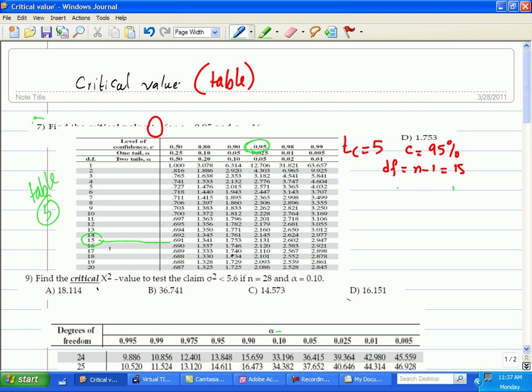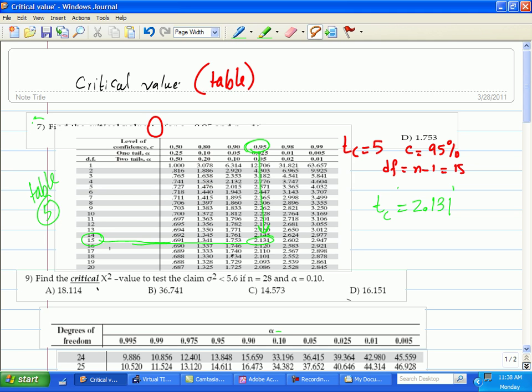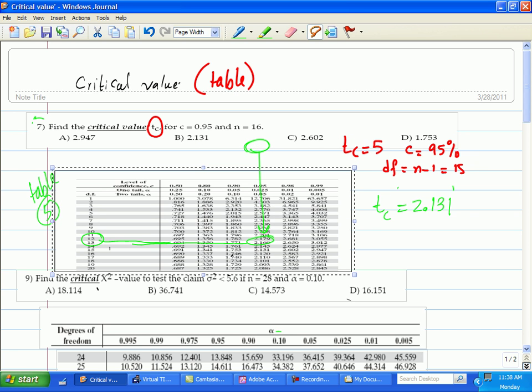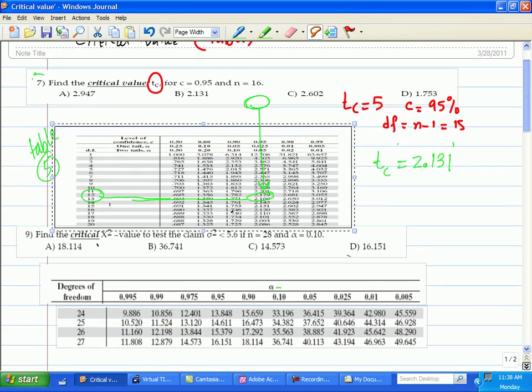So we go to the intersection of those two, and TC is equal to 2.131. So we refer to the confidence interval and the degree of freedom for table number 5. As you can see, that's one of the choices, which is letter B. Now this is number 7 on the review.